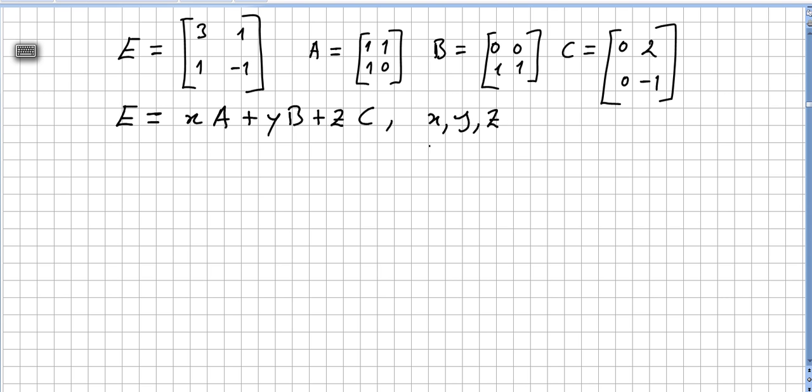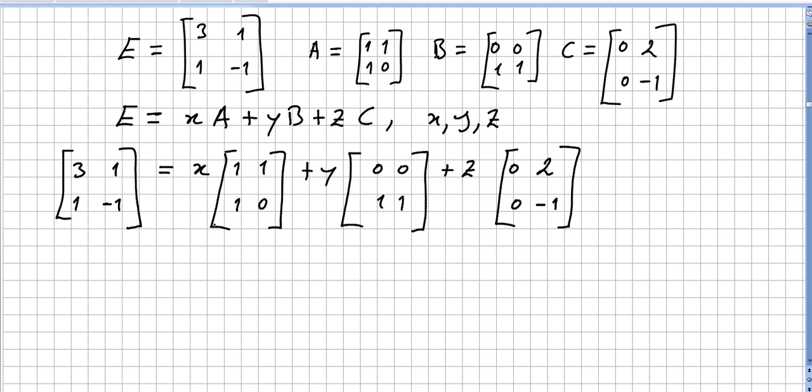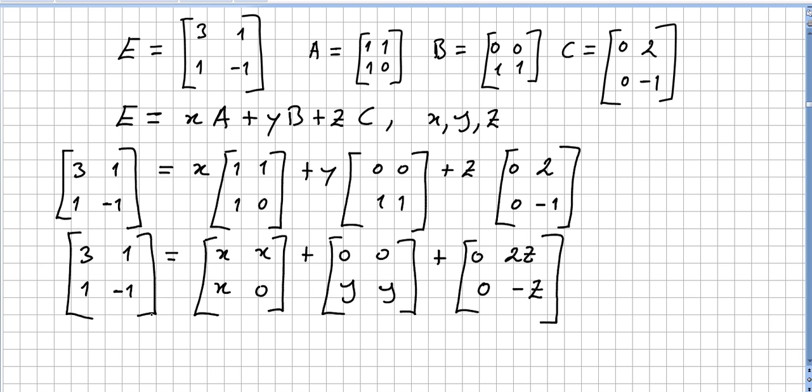Okay, so matrix E will be equal to x times A, y times B and z times C. So that's [3 1; 1 -1], and then you just multiply the scalar by each entry in the matrix.